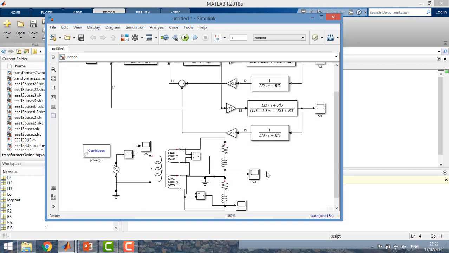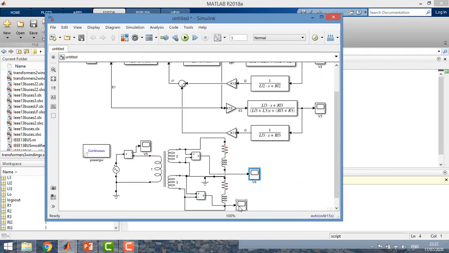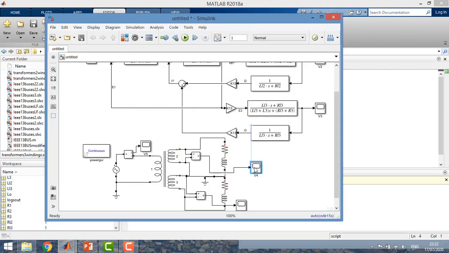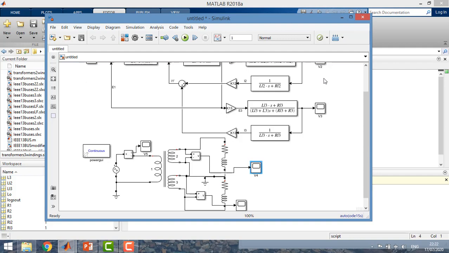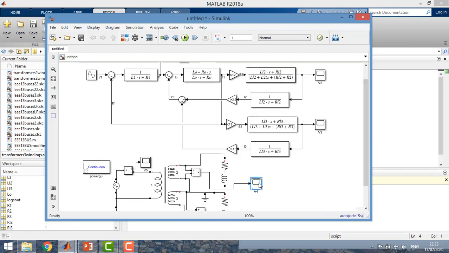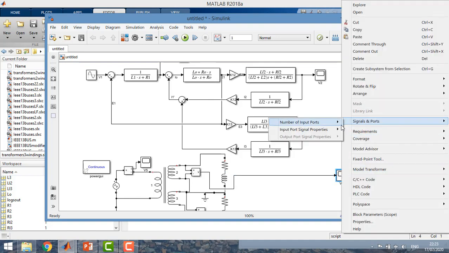So if we run the model and check, we would see that those values are similar to the values obtained from the first model. Now, to make sure that they are identical, let's put them together.